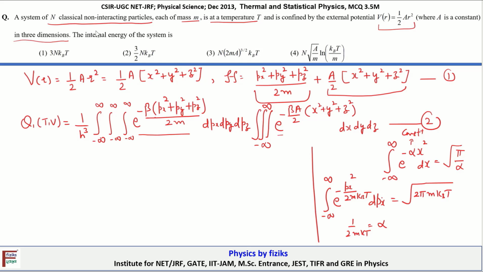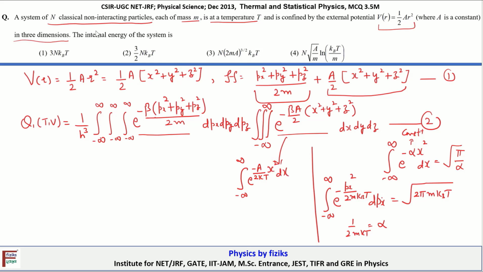And in the same way we can solve this other integral also. Here the constant alpha is equal to a upon 2 kt. So let me take the integral from minus infinity to infinity of exponential minus a upon 2 kt into x square dx.